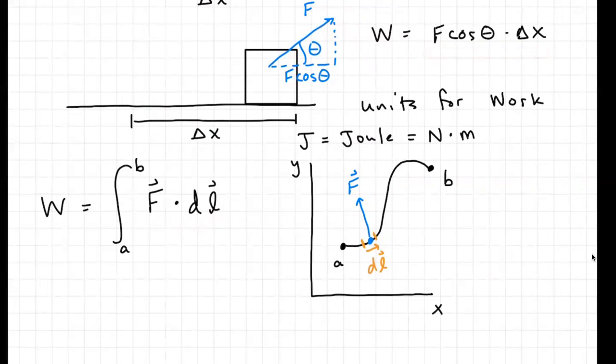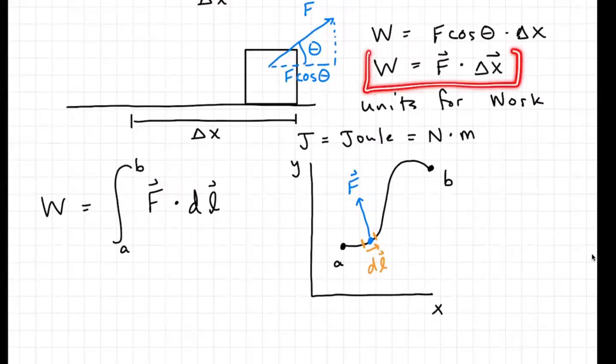In this case, where we are applying a constant force F, if we take the magnitude of the force times the magnitude of the displacement times the cosine of the angle between the force and the displacement, basically we've taken a dot product of the force vector and the displacement vector here.